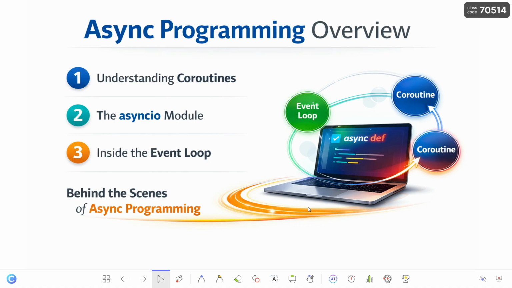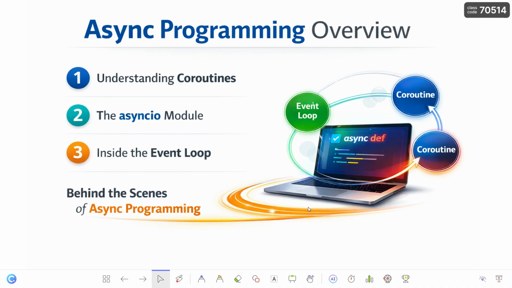We will be focusing on the behind-the-scenes activities of asynchronous programming, like how the PVM, Python virtual machine, handles multiple coroutines, and how the interpreter runs multiple concurrent programs at the same time.